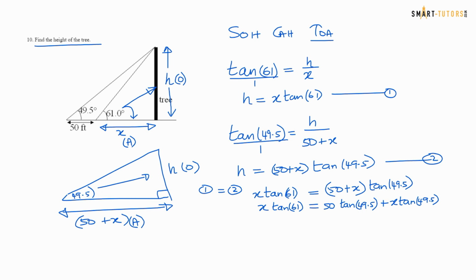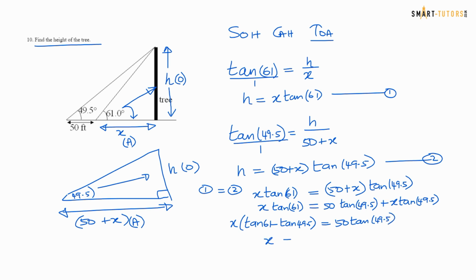If I take x to one side, x times tan 61 minus tan 49.5 equals 50 tan 49.5.